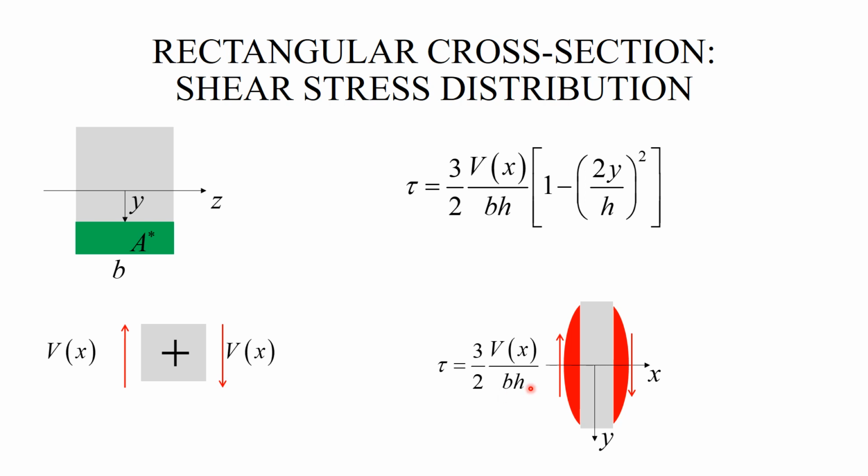So the maximum shear stress is at y equal to 0, or along the x-axis, or on the neutral line, and the direction of the shear stresses is fully dictated by the direction of the shear force on the corresponding cross section.